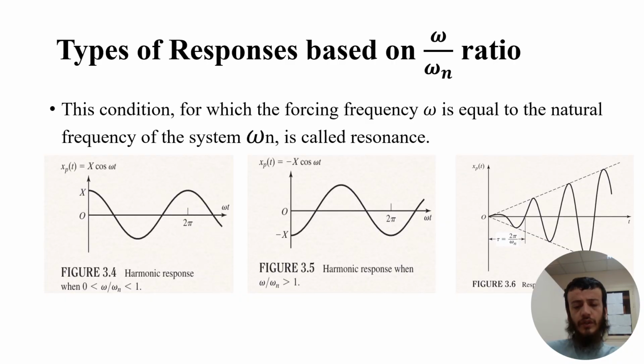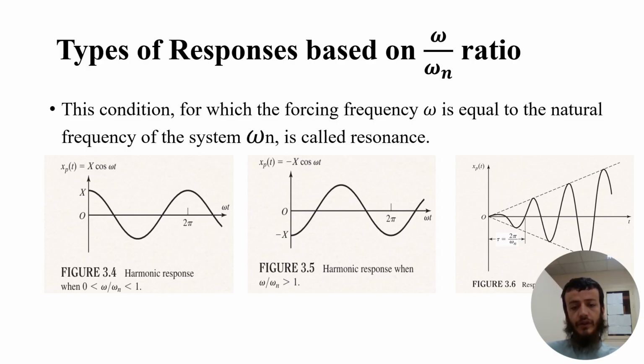The types of response are based on the ratio of the force frequency to the natural frequency. If this ratio is between 0 and 1, the steady state response will be the same as the force, and that's harmonic.